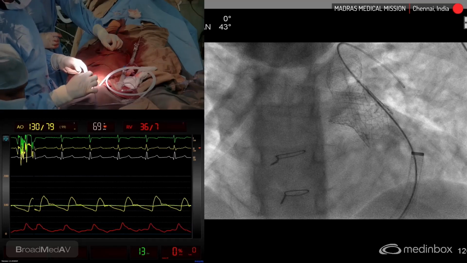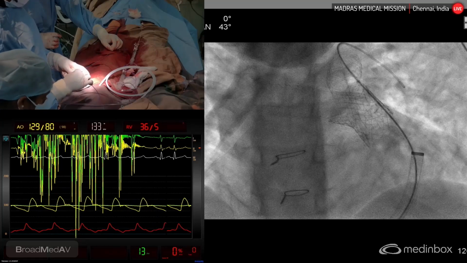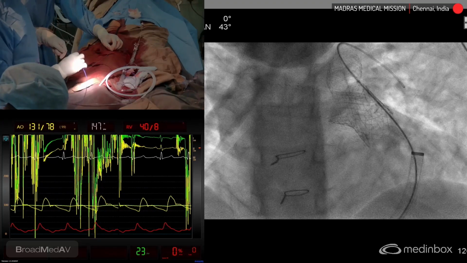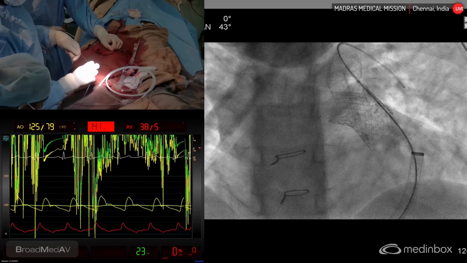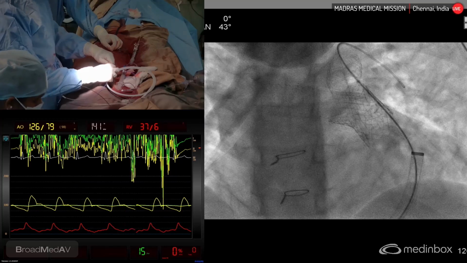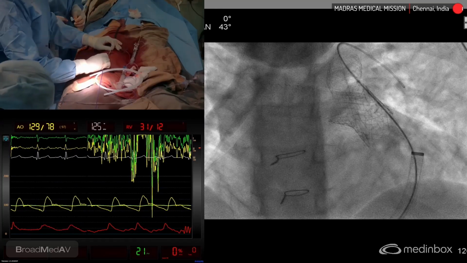Can you flush the central part, central lumen? Yeah, that's it. Come, keep it straight. Yep.